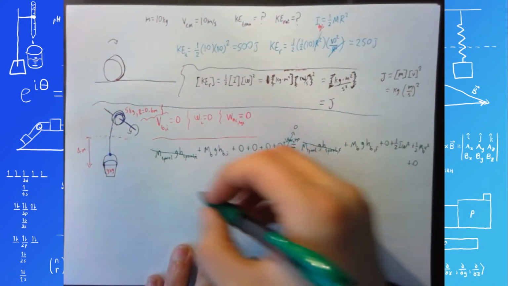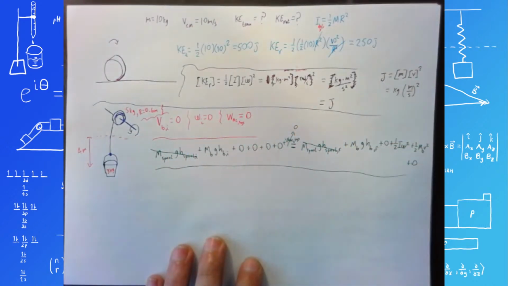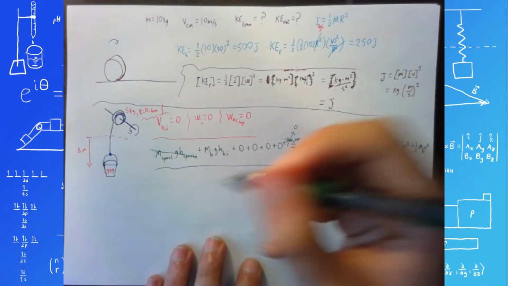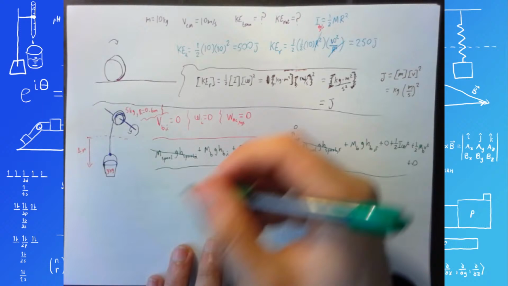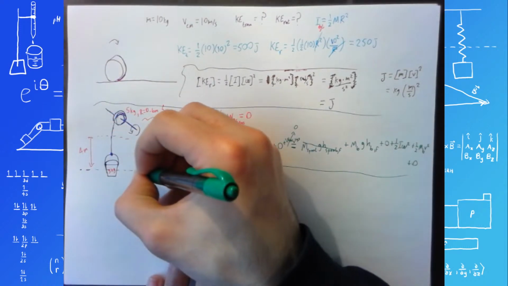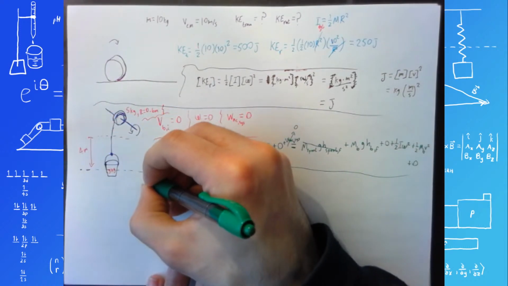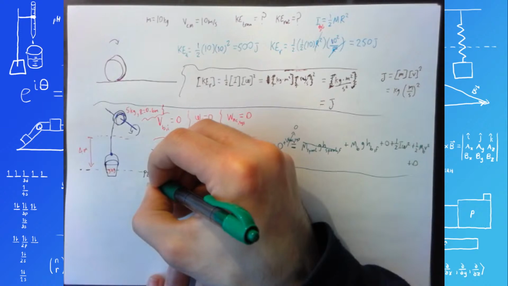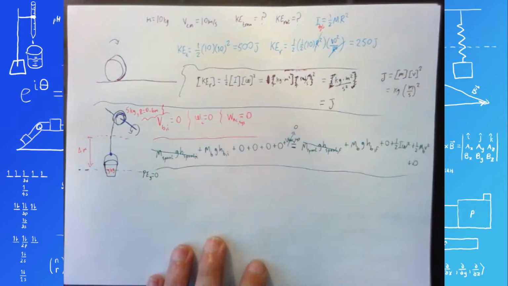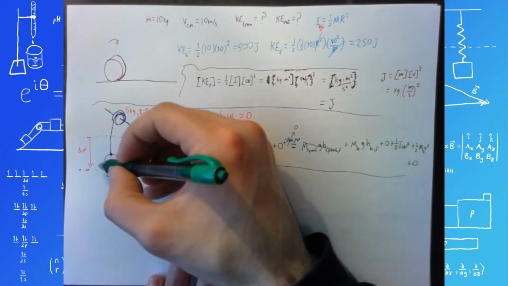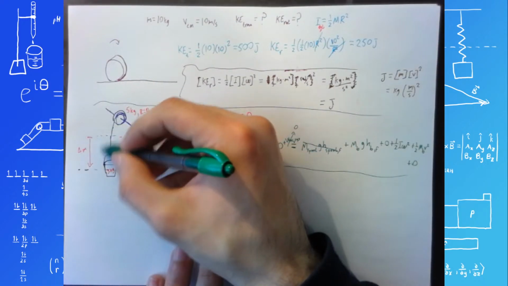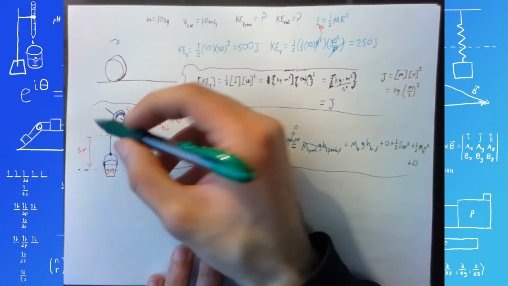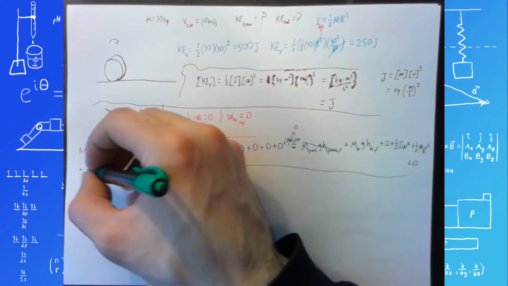Let's make our substitutions. I'll say that this height is 0. I'll say this is where gravitational potential energy is equal to 0. So that means that h bucket initial is going to be positive 4 if I count positive as being the upward direction from this line.